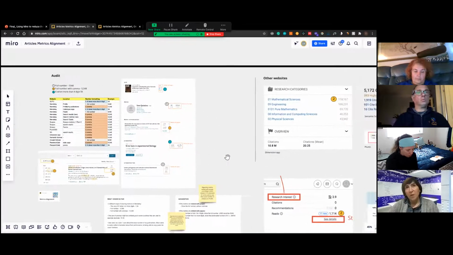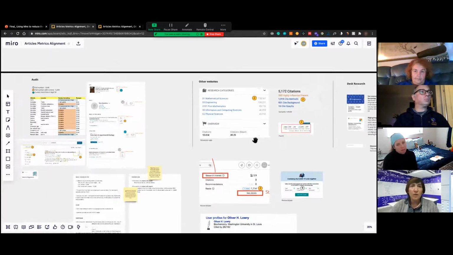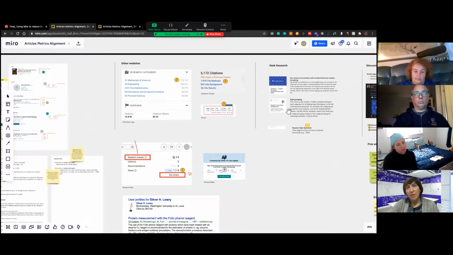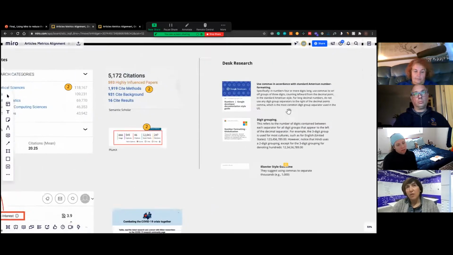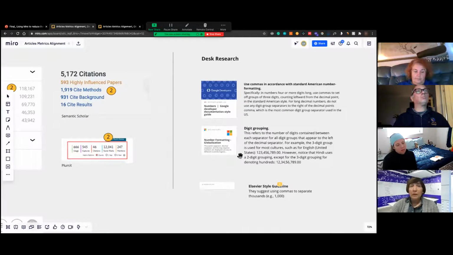And then I did the same with other competitors. So what do they do? Here they have commas, here they have numbers. And then I also made a summary of the desk research I did. I looked at other companies like Google and Microsoft.